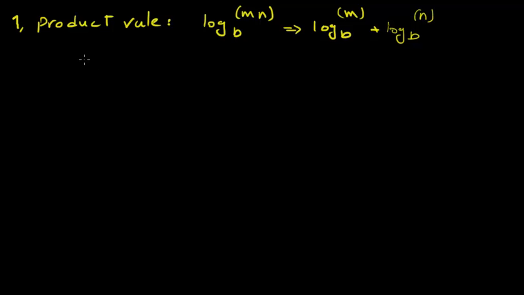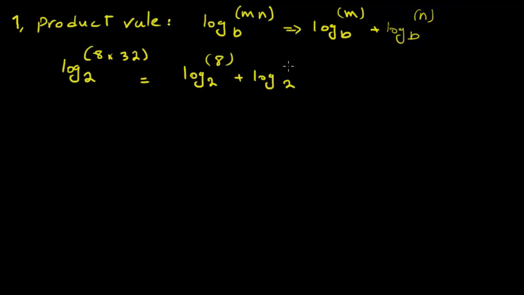For example, log 2 of 8 times 32 equals what? We can write it as log 2 of 8 plus log 2 of 32. We know that log 2 of 8 has an exponent of 3, and log 2 of 32 has an exponent of 5, right?